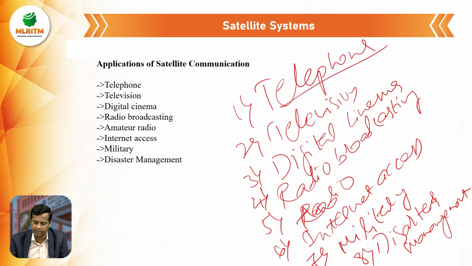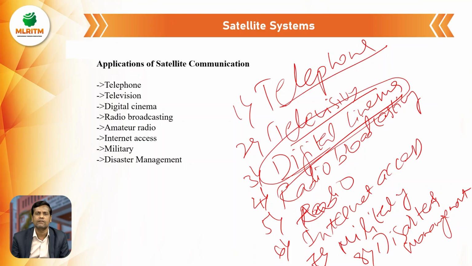First is telephone. Next is television, and the next is digital cinema. Earlier in the theater, while watching a movie, a reel was in the back side, and there was a server room in the cinema, and from there we watched the movies. Nowadays it is digital cinema.